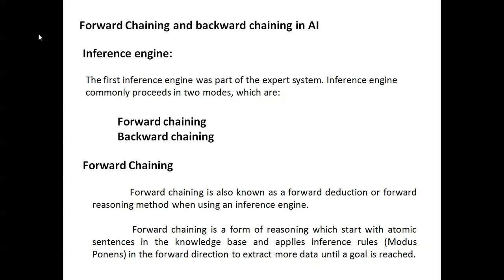Forward chaining is also known as the forward deduction or forward reasoning method, used in an inference engine. Forward chaining starts with the atomic sentences in the knowledge base and applies the inference rules in the forward direction to extract more data until the goal is reached.